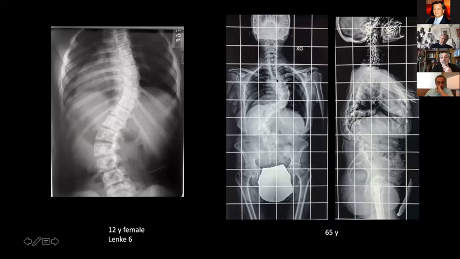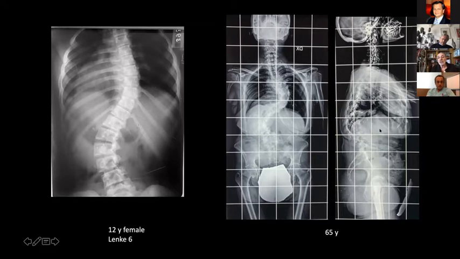You can see that there is a significant evolution in terms of Cobb angle, but also in terms of degenerative changes. You can see also a thoracolumbar kyphosis. But as we said before during the discussion, in this case, there is no significant pelvic retroversion.